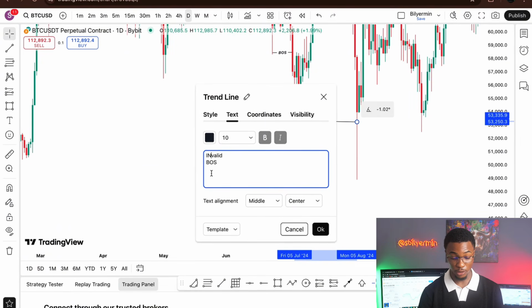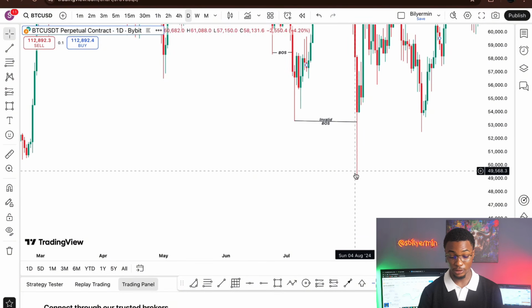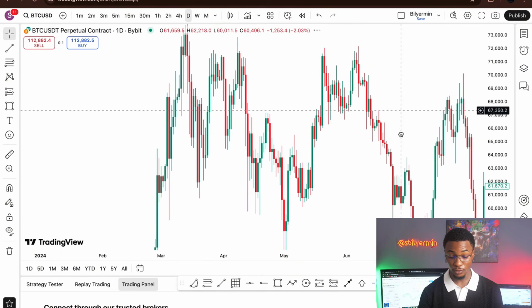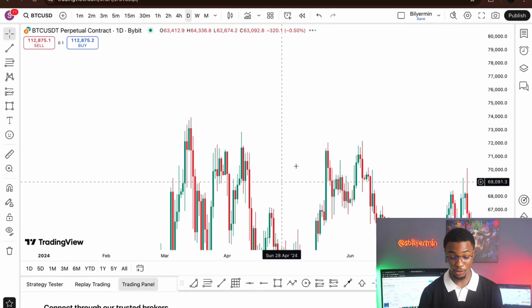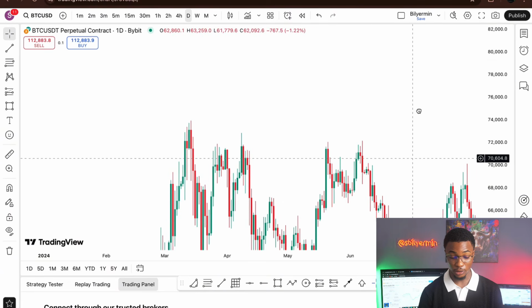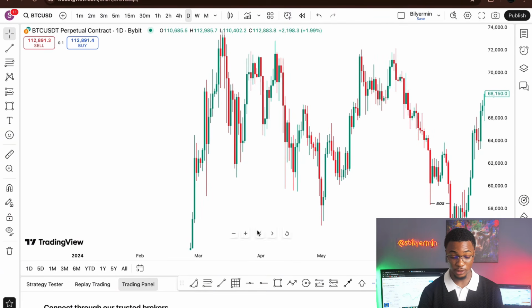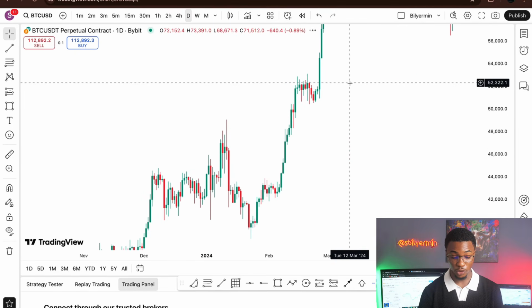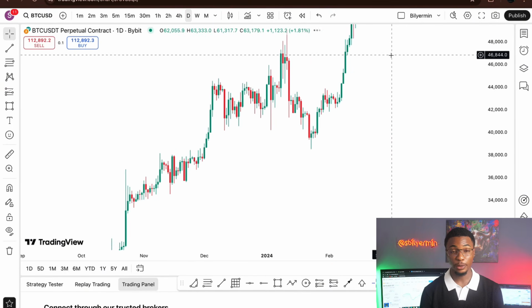With its body, not with wicks. So this is not valid. It's not valid at all. This is not valid. So that's how you find your valid and your invalid breaks of structure: when it closes with its body, not with wicks.